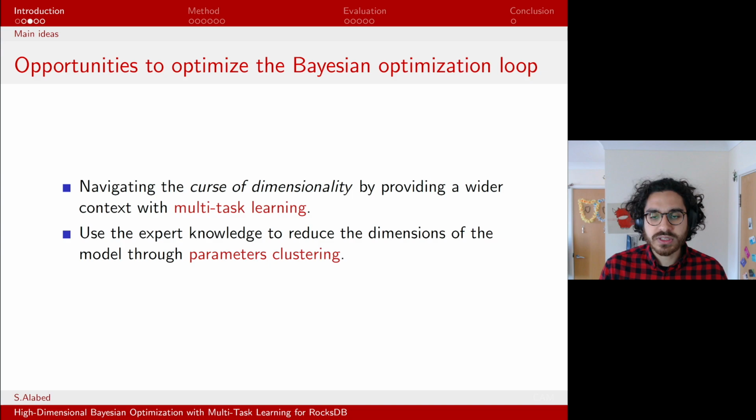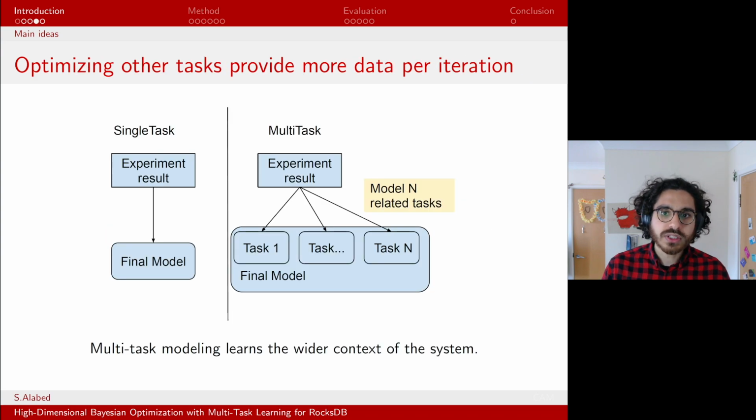As you increase the number of dimensions, which is the number of parameters we have in RocksDB, what the model learns every episode diminishes. So we are looking into ways that, even though we increase the number of parameters, we can still learn from every experiment.